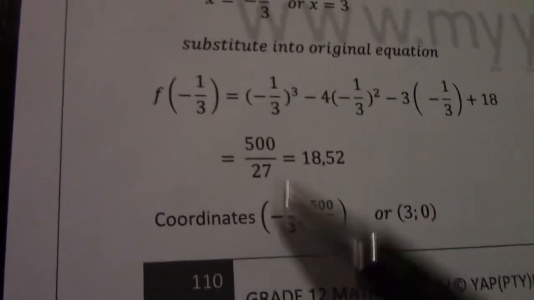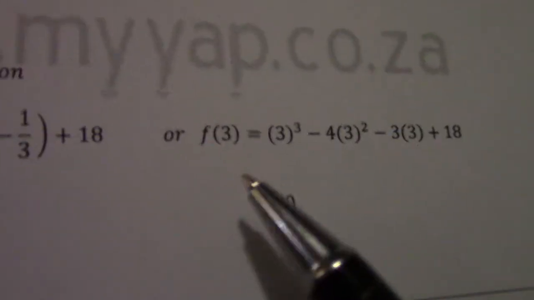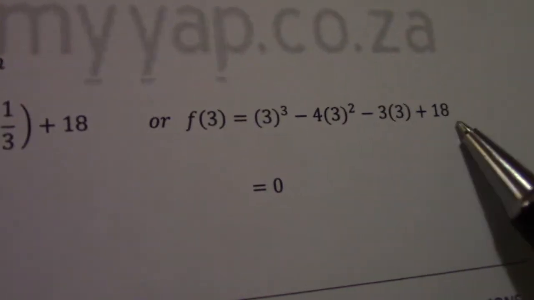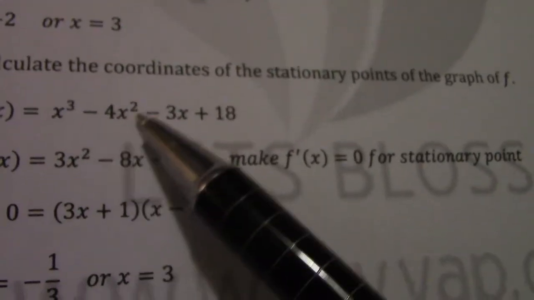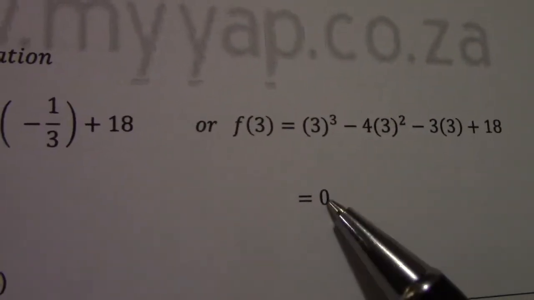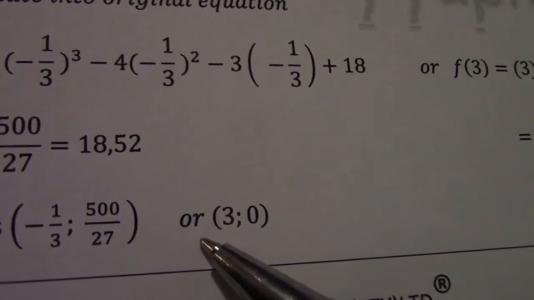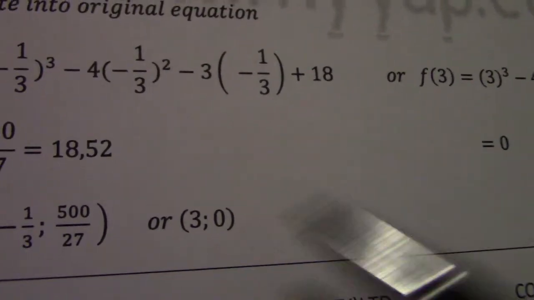So the coordinates are minus 1 over 3 and 500 over 27. Go to the second one: substitute in 3 wherever x appears. So 3 cubed minus 4 times 3 squared minus 3 times 3 plus 18 becomes 0. So my other coordinate is 3 and 0, meaning it turns on the axis.